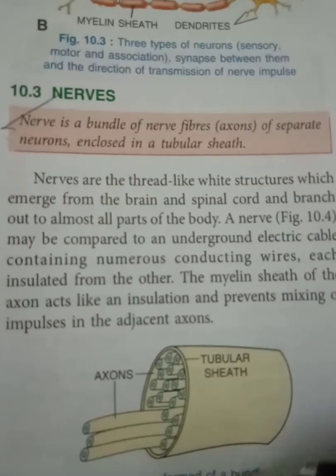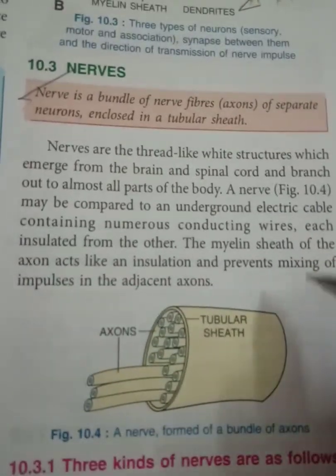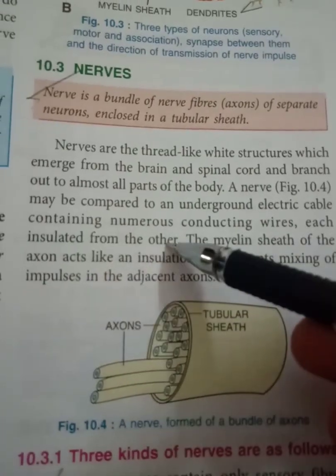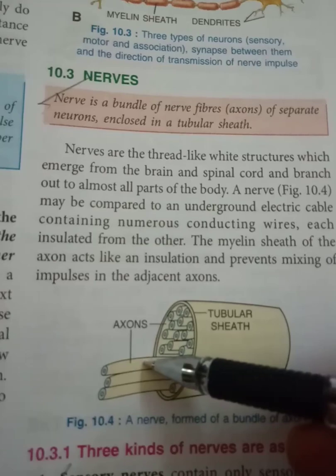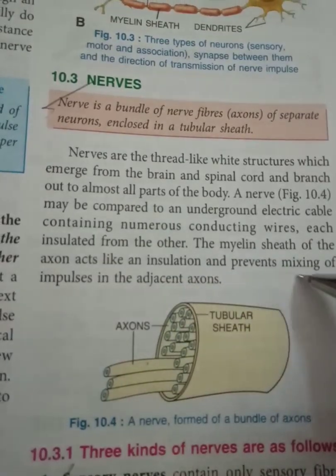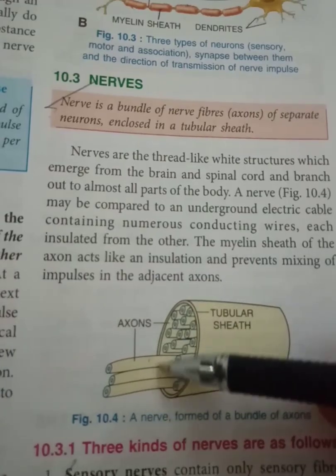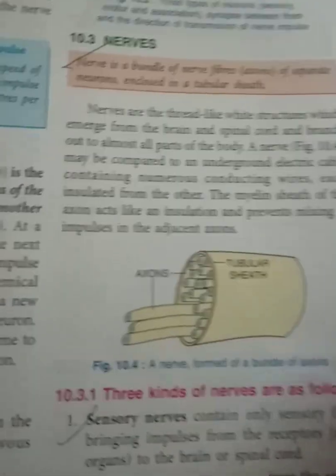They have shown here a nerve formed by a bundle of axons, each insulated from one another. Myelin sheath of the axon acts like insulation and prevents mixing of the impulse in the adjacent axon. They are taking their own information and forwarding to the next.